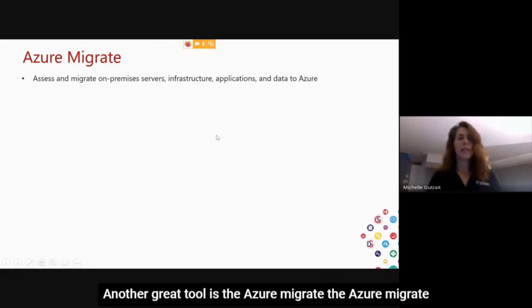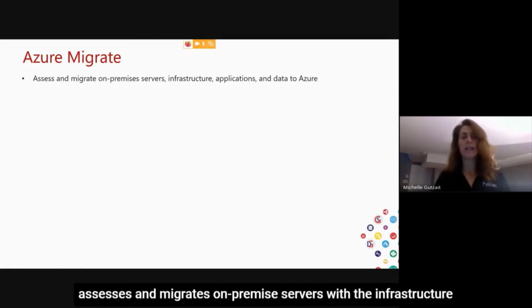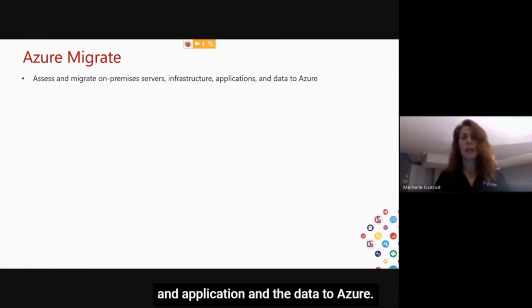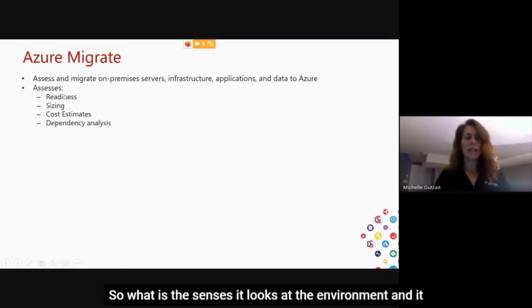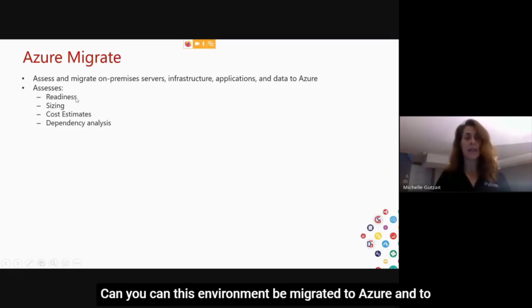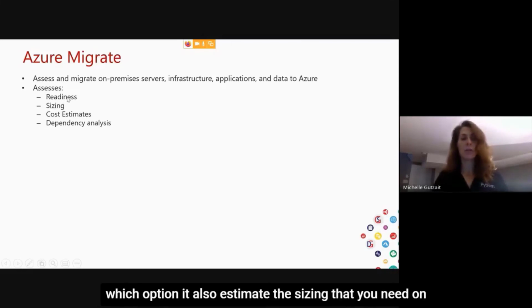Another great tool is the Azure Migrate. The Azure Migrate assesses and migrates on-premises servers with the infrastructure and application and the data to Azure. So what it assesses, it looks at the environments and it assesses their readiness. Can this environment be migrated to Azure, and to which option?